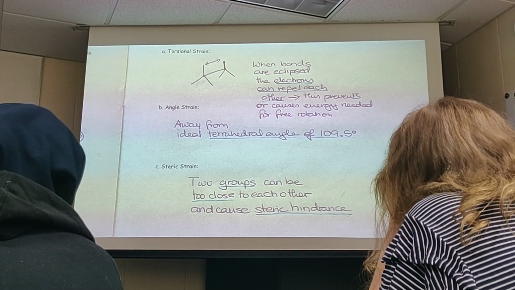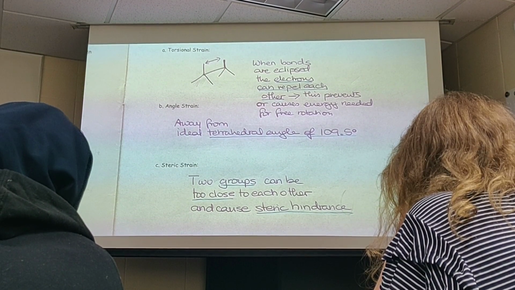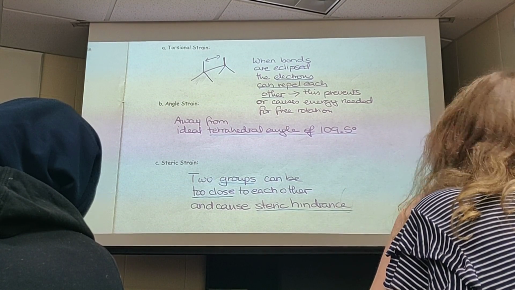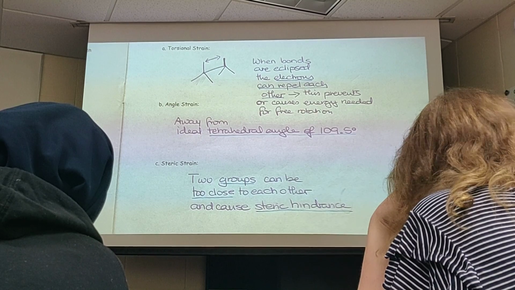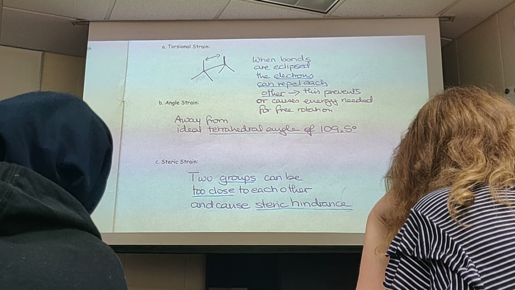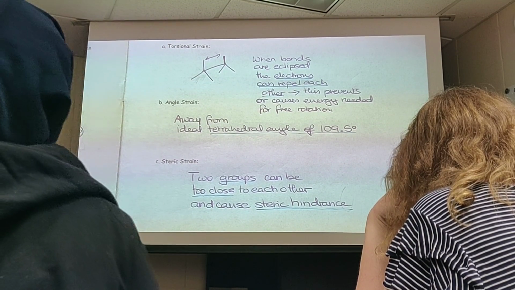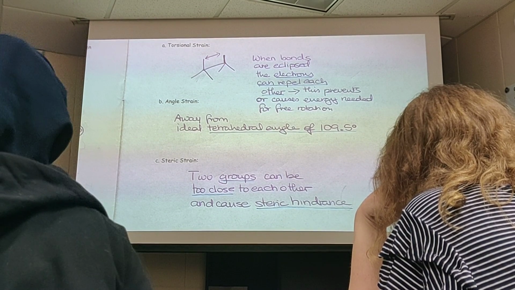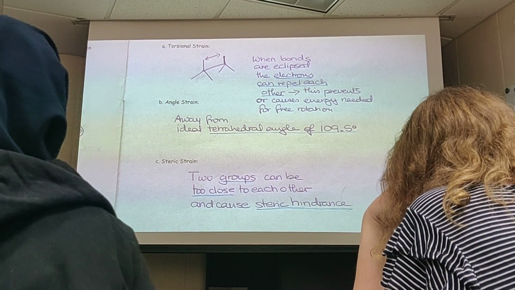And then your angle strain is how far you are from your ideal tetrahedral angle of 109.5. And then your steric strain is when the two groups are close enough that they actually could interfere with each other. So, mini test number 3.